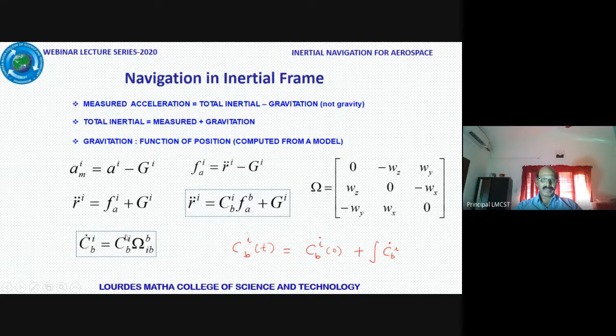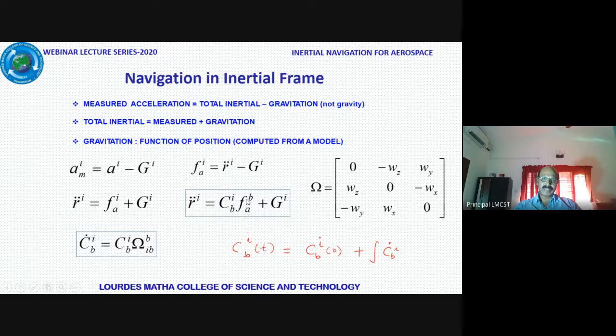This we have already derived. And using this, symbolically, CBI at any time is equal to initial CBI at time 0 plus this CBI dot, which is computable, and integrate and add, you get the CBI at any point of time, which is what is required here.